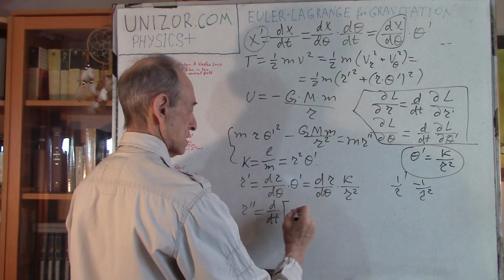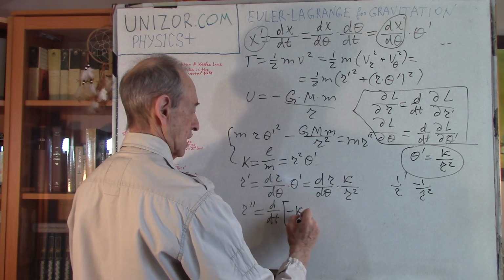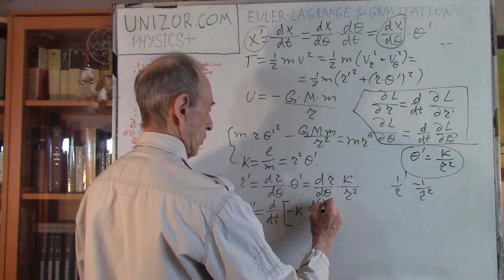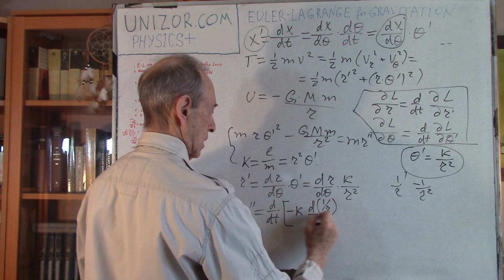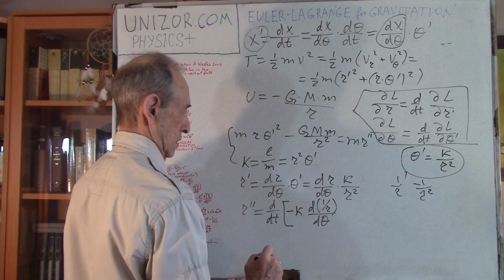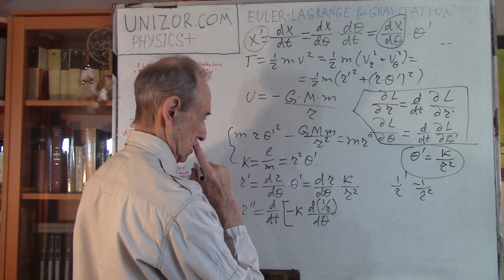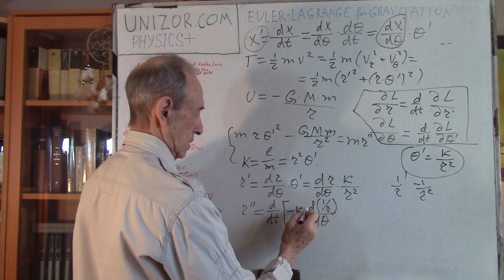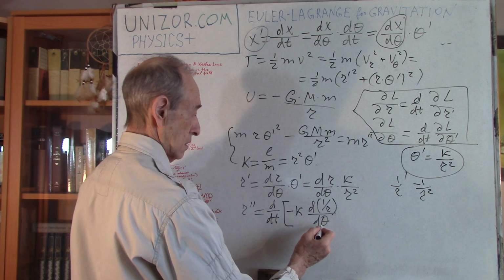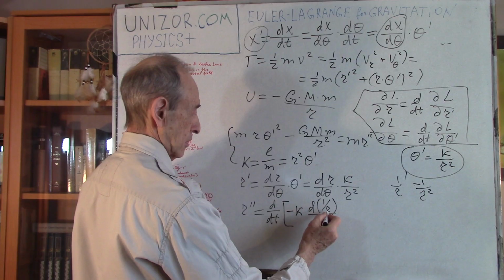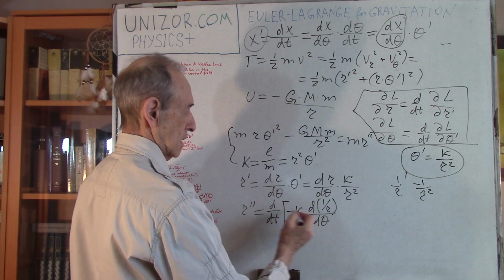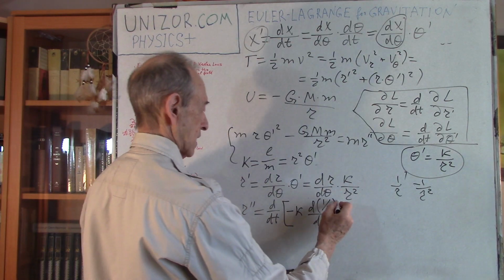So I will put minus k derivative of 1 over r by d theta. Am I right? The derivative of 1 over r by theta would be the derivative by r, which is minus 1 over r squared, times the derivative of r by theta. Yes, that's what it is. That's correct.